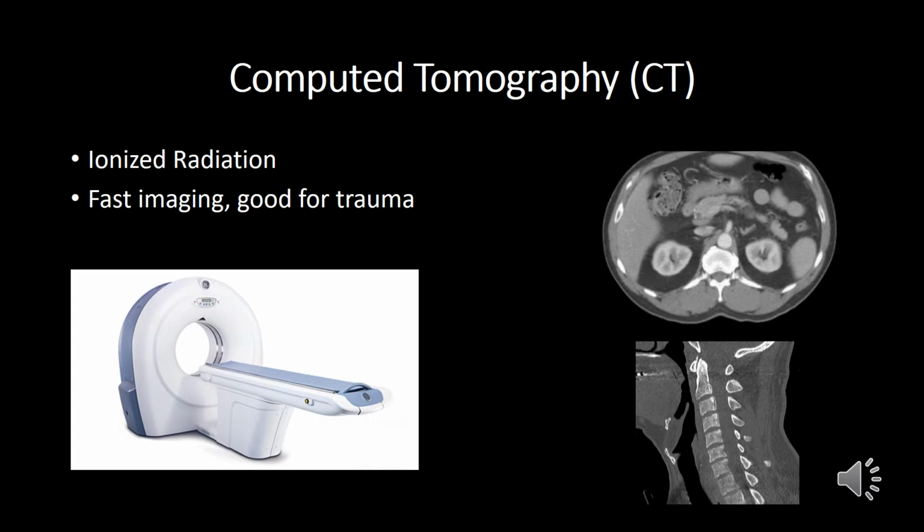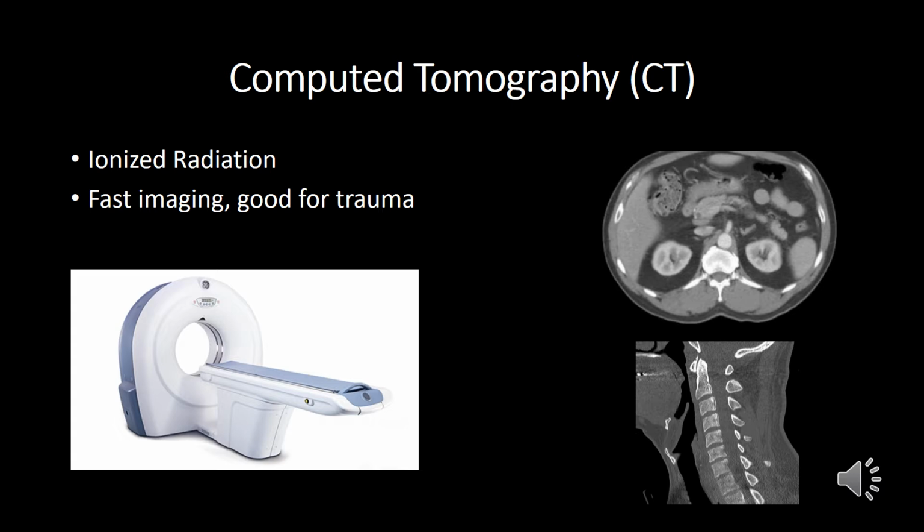Bones are going to appear white on both CT and X-ray because they absorb X-ray photons. Air, like in the lungs, will be black on both X-ray and CT because it's not as dense. And because it's not very dense, X-rays can pass right on through it.